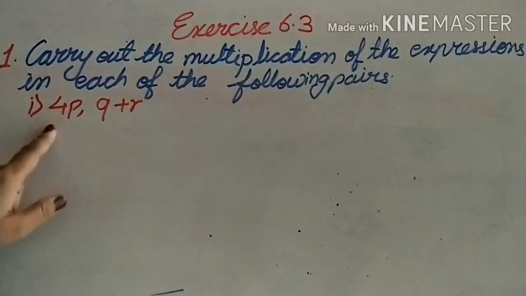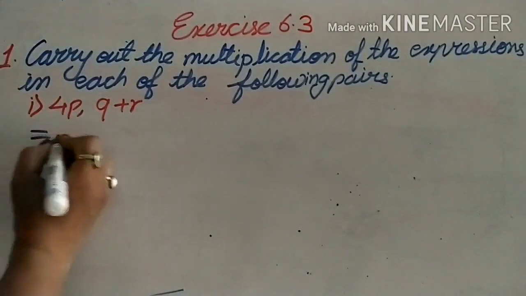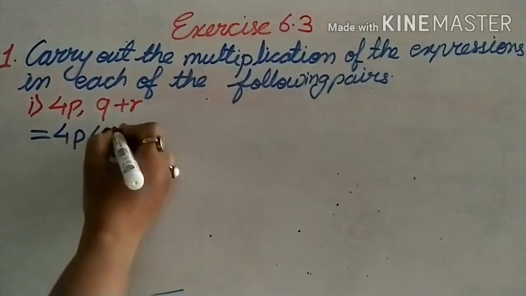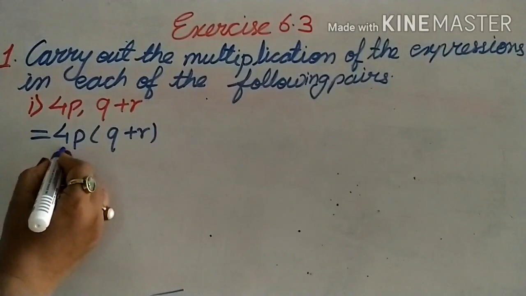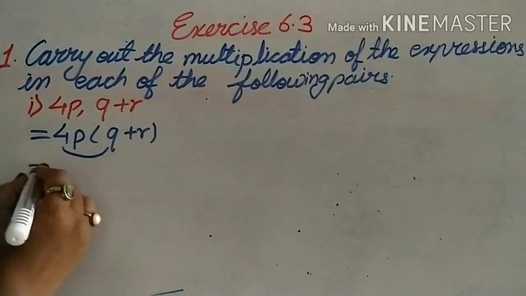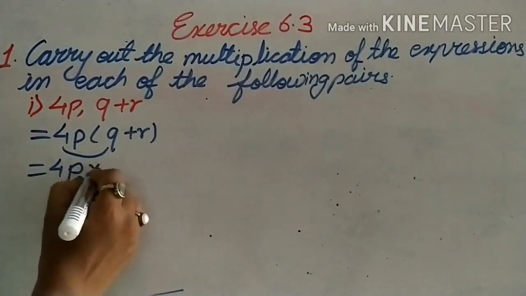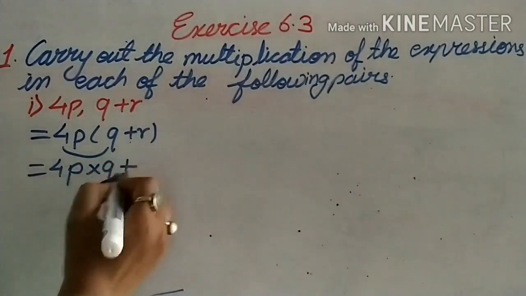So 4p times (q plus r) is equal to 4p into bracket q plus r. First we have to multiply this 4p to this q, means 4p into q, this plus sign as it is.